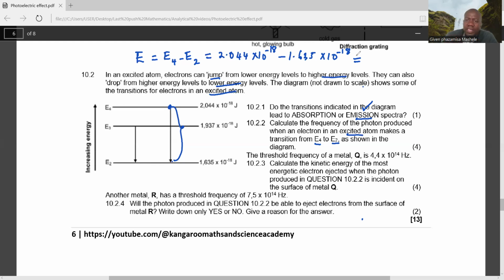This will give us the energy of the photon to be 4.09 times 10 to the power minus 19 joules. I believe you guys are following. So now, times 10 to the power minus.